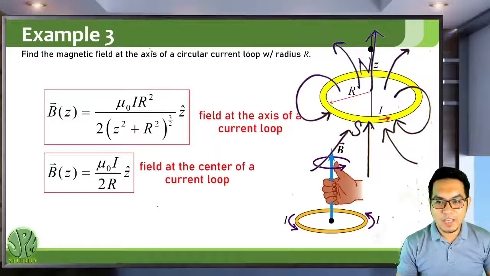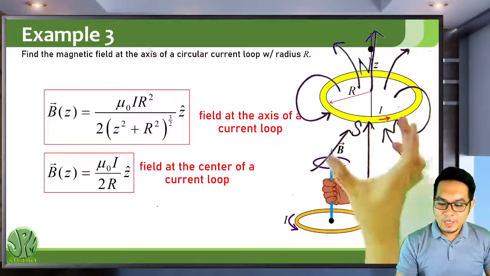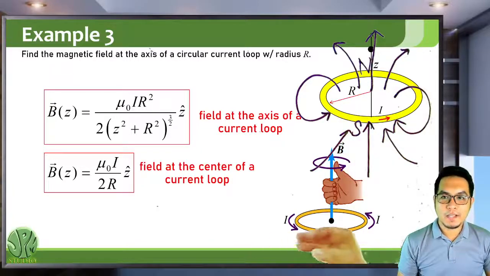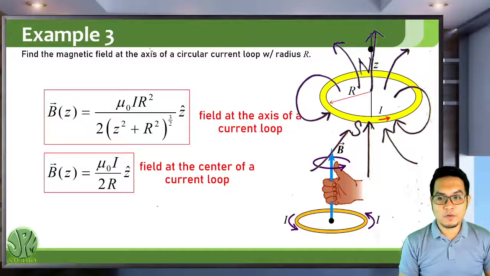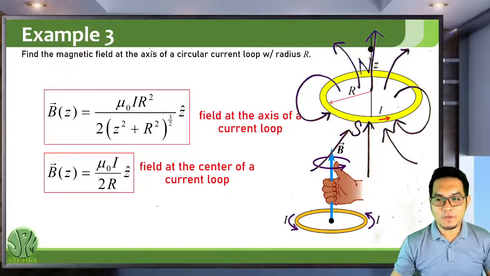With many current loops, you basically have an electromagnet, a magnet wherein you can control the strength of the magnetic field by changing the size of the loop, the number of loops, and the current, or the potential which powers and pushes the current through the loop.